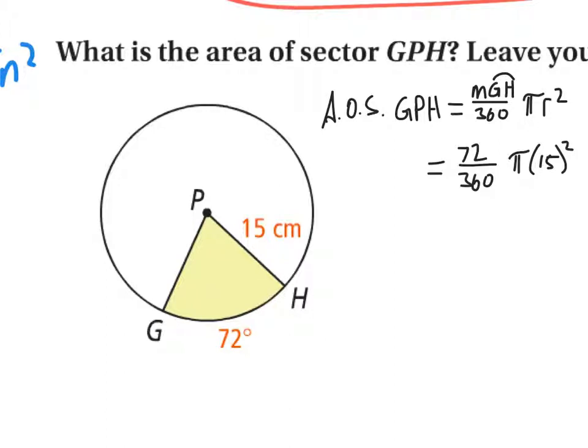Anything? 9. 9 goes into 72 and 360. 9 goes into 72 8 times. 9 goes into 360 how many times? 40 times. Excellent. Well, hey, I can reduce that again. Because I know that what goes into both 8 and 40? 8.